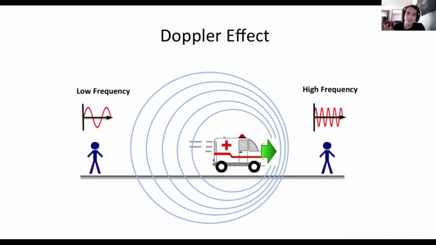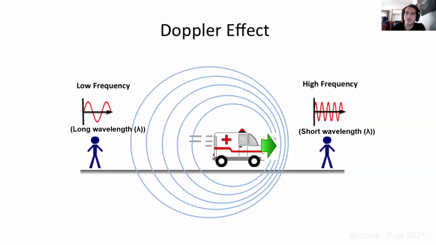When an object in motion is emitting some sort of wave and it's approaching you, you hear the pitch change in one way as opposed to when it's moving away from you.